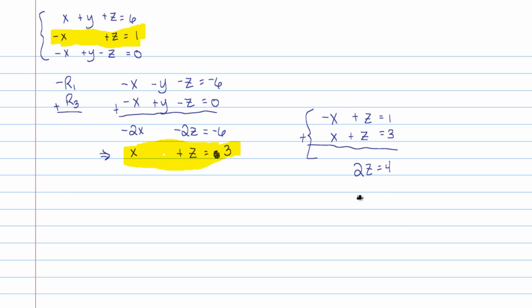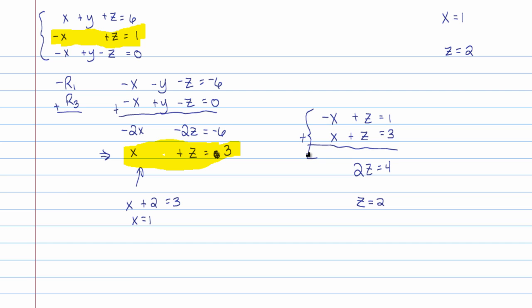Divide both sides by 2 and I'll get z is equal to 2. So I happen to know the ones digit is going to be 2. I can now plug that z equals 2 into either of these highlighted equations. I'll just plug it into this one. So x plus 2 is equal to 3, or in other words, x is equal to 1. So I know now that the hundreds digit is equal to 1.